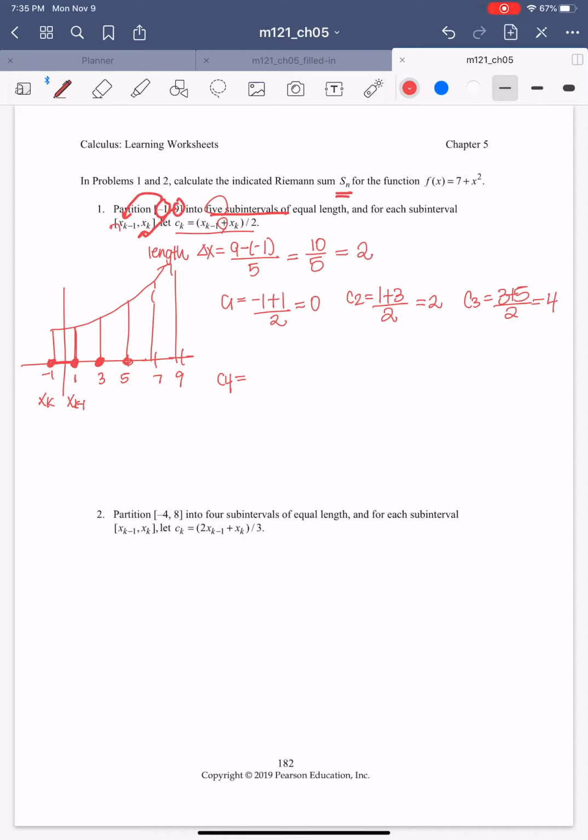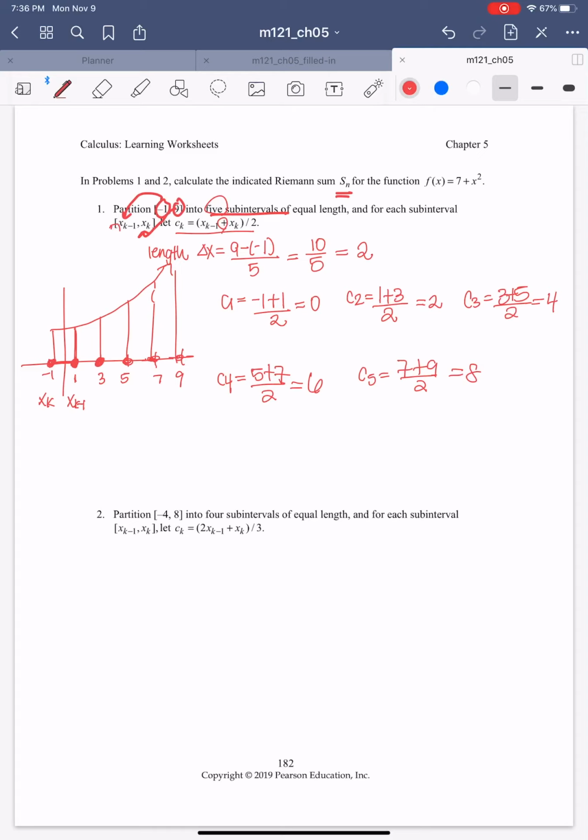Which will be equal to 5 and 7, right? 5 plus 7 divided by 2. So that will be 12 divided by 2, 6. And then last one, 7 to 9. So C sub 5 will equal to 7 plus 9 divided by 2, which is equal to 8.